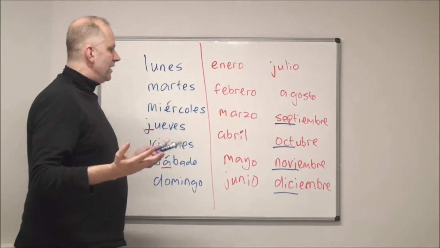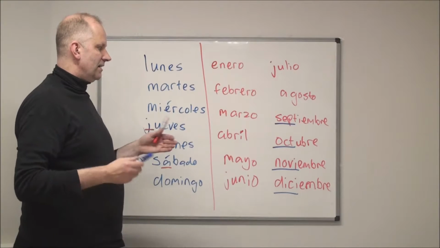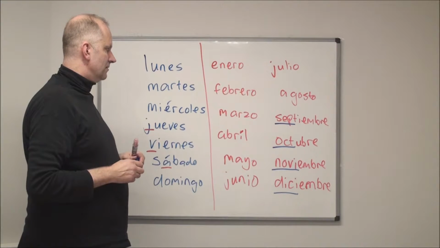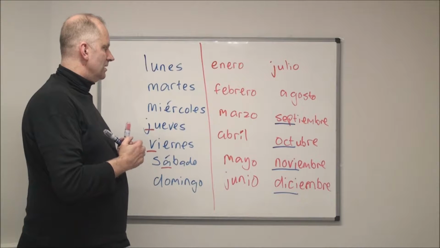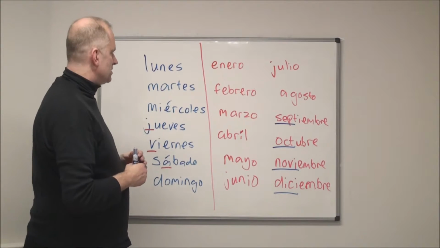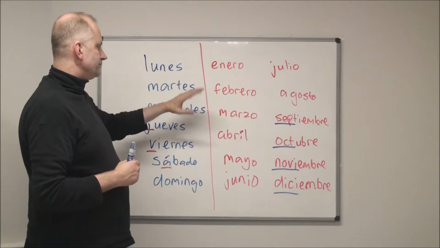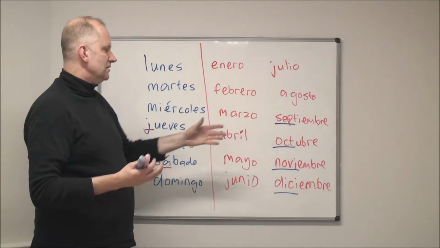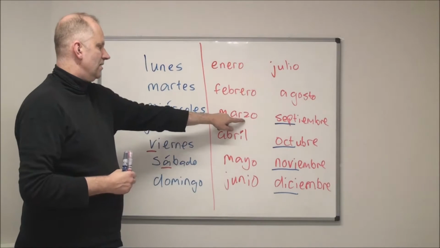So they were the 7th, 8th, 9th and 10th months of the year before the calendar became 12 months. And just focus a bit on the pronunciation. Marzo, the Z, as you already know, is always a lisp.